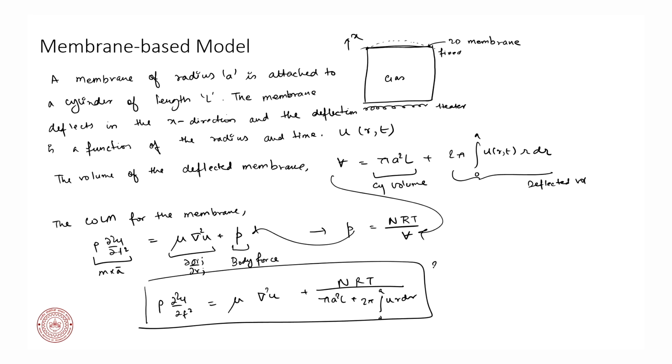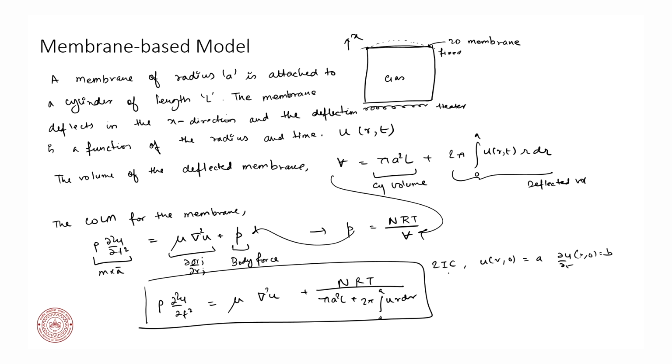What we need are two initial conditions. So, u at time 0 for all r is some value, and del u by del t for all r at time 0 is some value. Two initial conditions, we also need two boundary conditions.